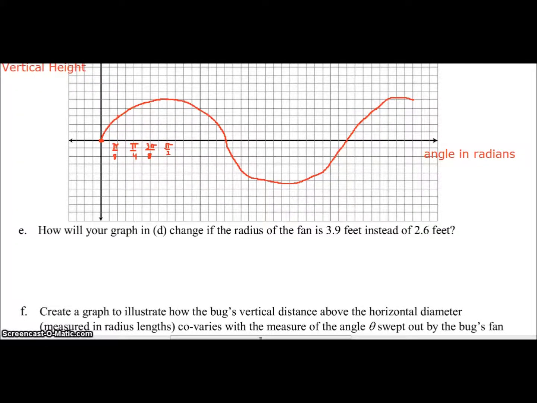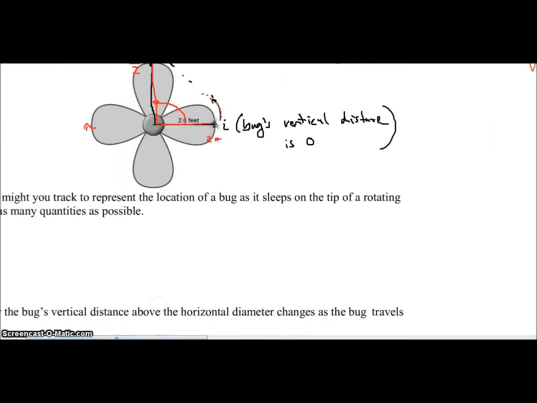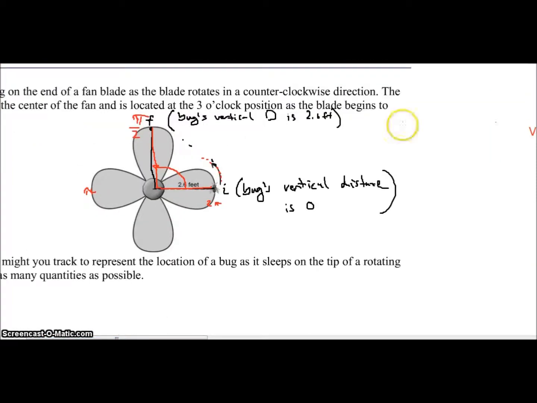How will your graph change if the radius of the fan is 3.9 feet instead of 2.6 feet? So notice at pi over 2, that's when my height was a maximum. This is 2.6 feet right here, this vertical value. Again, that corresponds to the radius of the fan.